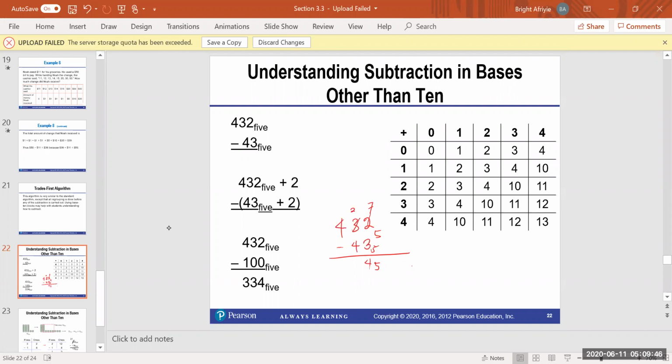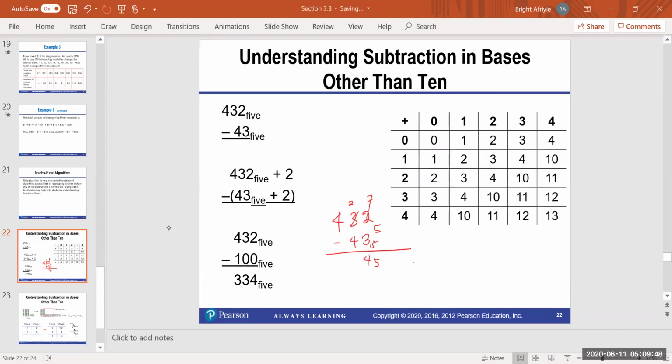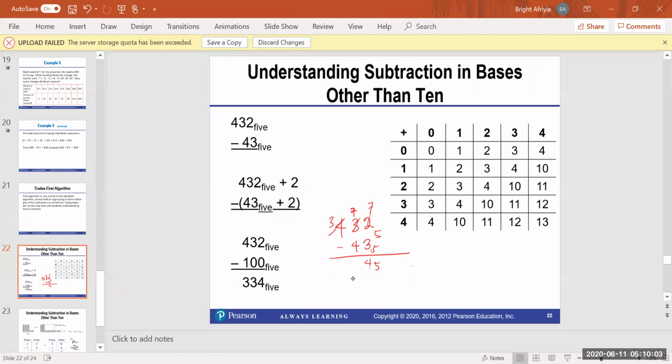Now we already have 2 there. So 2 minus 4 will not work. So we have to borrow from there. And any number we borrow will be what? 5. So this is going to be 5 plus 2, which is 7. So 7 minus 4 is what? It is 3. And then finally we have 3.